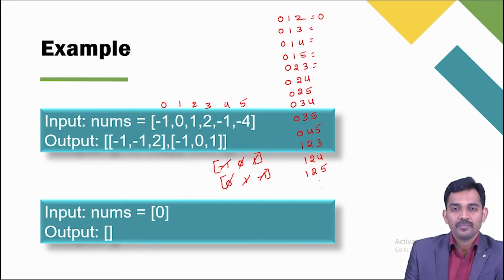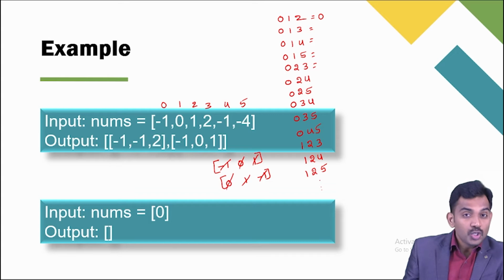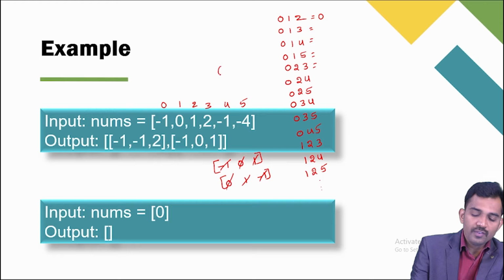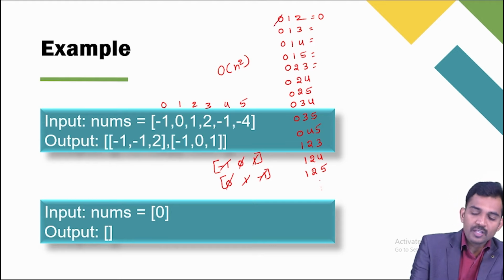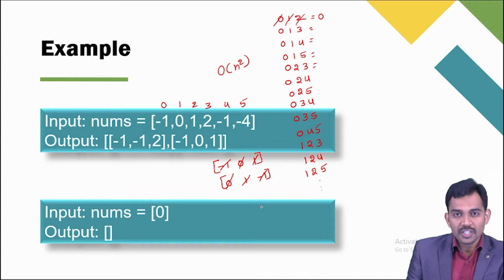That is our task. You know that in the 2Sum problem, the time complexity of the brute force method is big O of n squared. Why is it big O of n squared? The reason is that you use one loop for the first number and one loop for the second number. Here also, for the brute force method, for the first number you require one loop, then a second loop, then a third loop. And what does the time complexity go to?